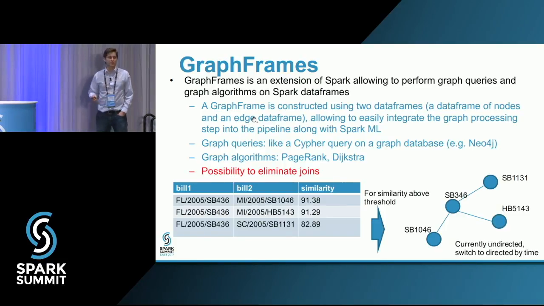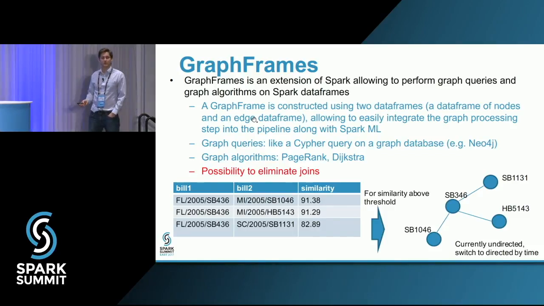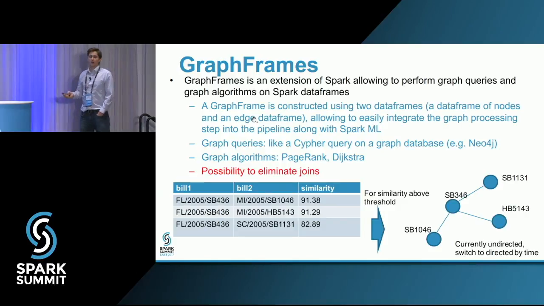So I use PageRank, and I use Dijkstra, the minimum cost path. If you want to see more, I have a package on GitHub which shows what I do.